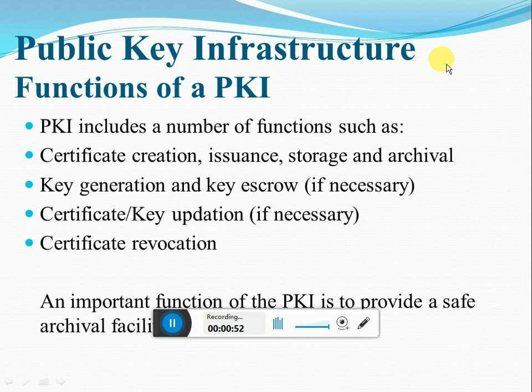Now we're going to discuss public key infrastructure. The CAs are part of these public key infrastructures. So apart from CAs, these PKIs also include hardware which is needed to create the certificates and to maintain them, and apart from that, it also has software which performs the job of encryption.